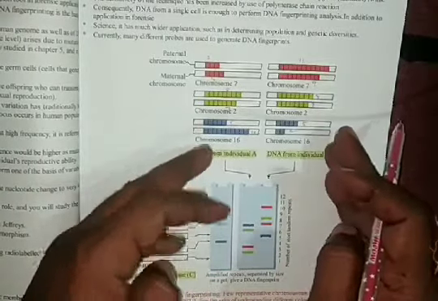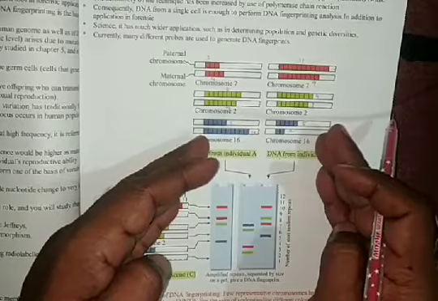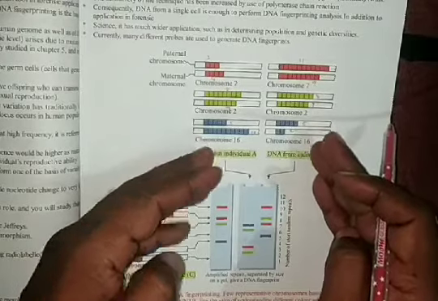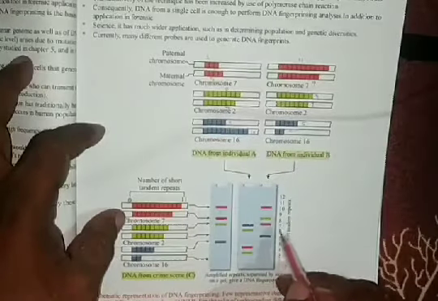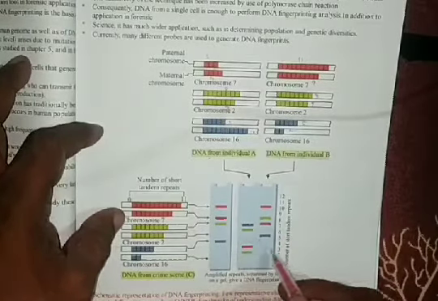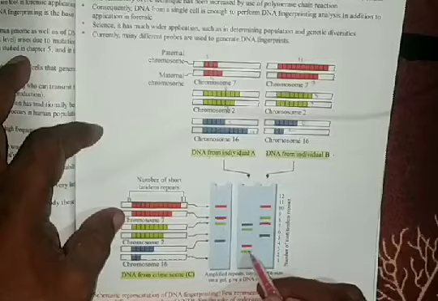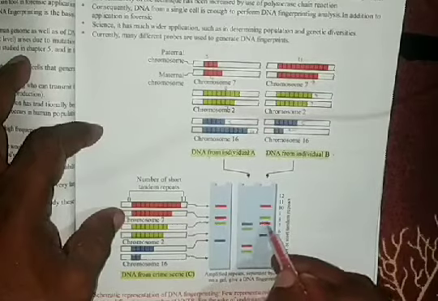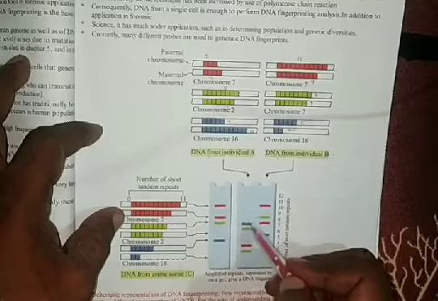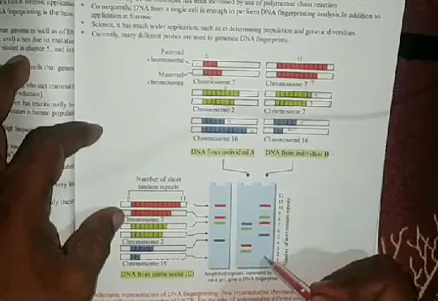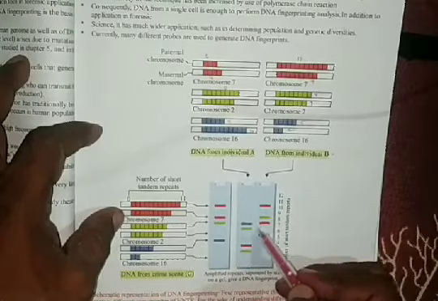When we take the autoradiograph of these chromosomes, the DNA bands for individual A and individual B look like this.